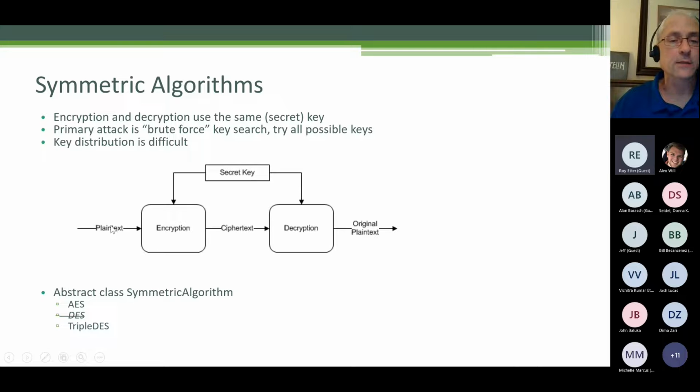I have plain text that I'm going to encrypt with a secret key, and I have my ciphertext. Whoever's going to decrypt it will use the same secret key. That's why they call it symmetric, because the same secret key is used for both encryption and decryption. And once it's decrypted, you get back to the original plain text. So this is a symmetric algorithm because the same key is used for both encryption and decryption.